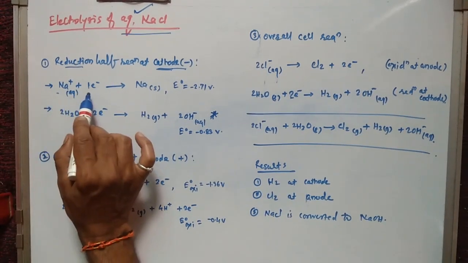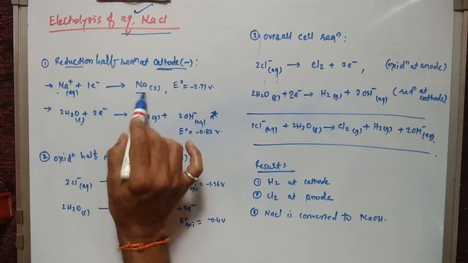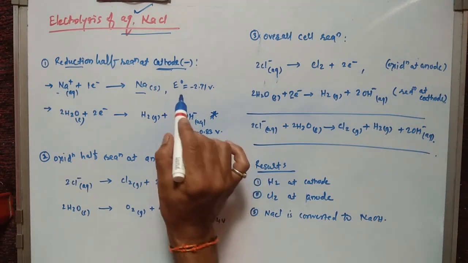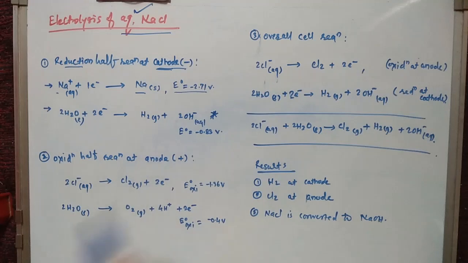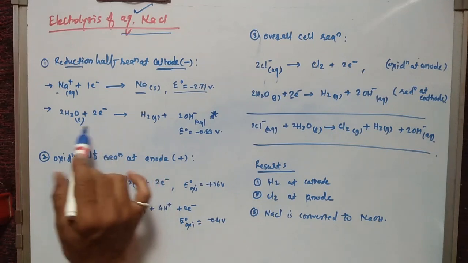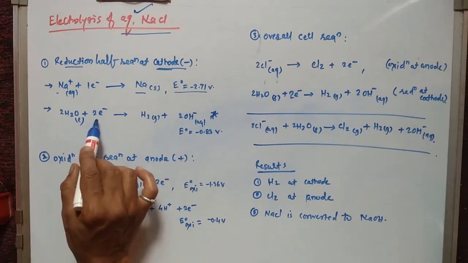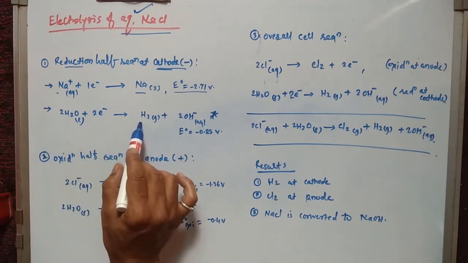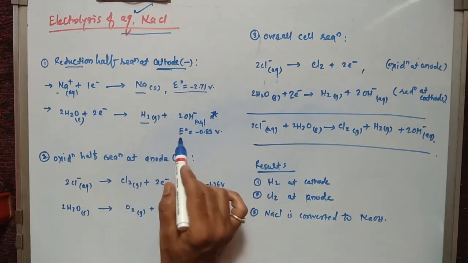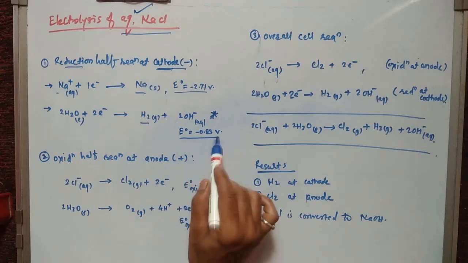Na plus ions take 1 electron to form neutral sodium. Okay, now the standard reduction potential is given. Now simultaneously at the cathode, water molecules also get reduced in this way: 2H2O plus 2 electrons to form hydrogen gas at the cathode and 2 OH minus ions. The standard reduction potential is this.